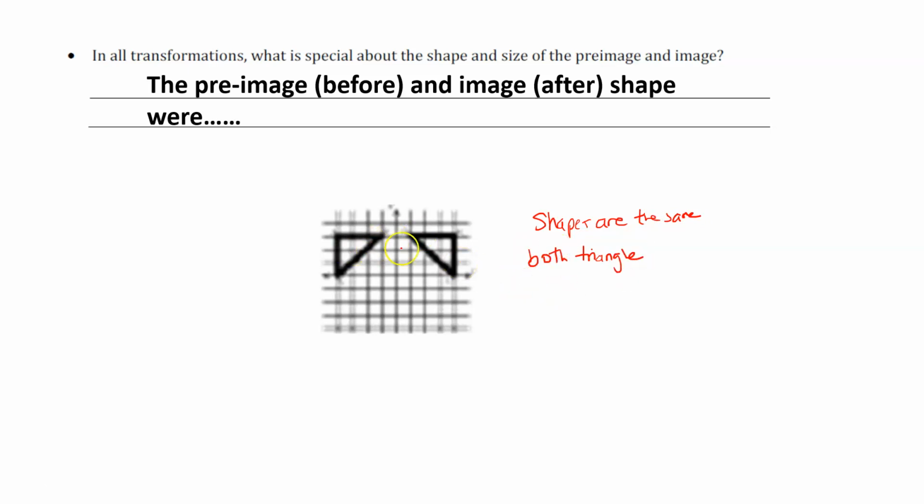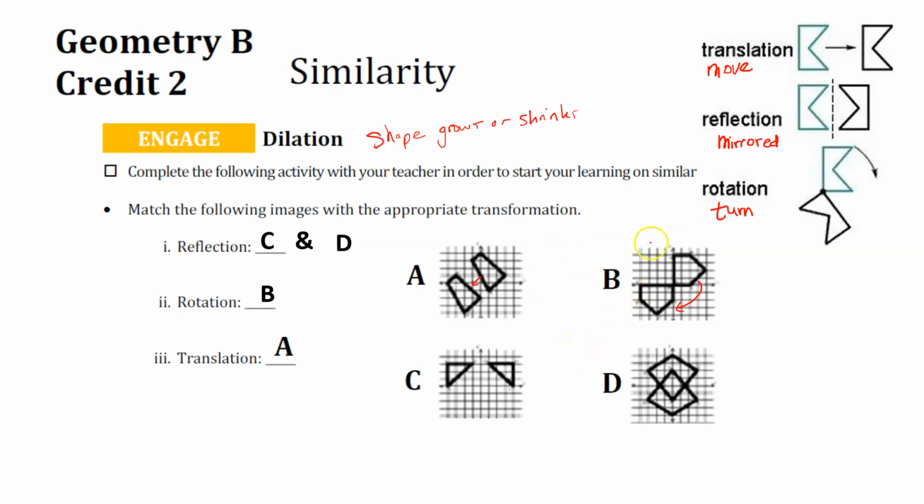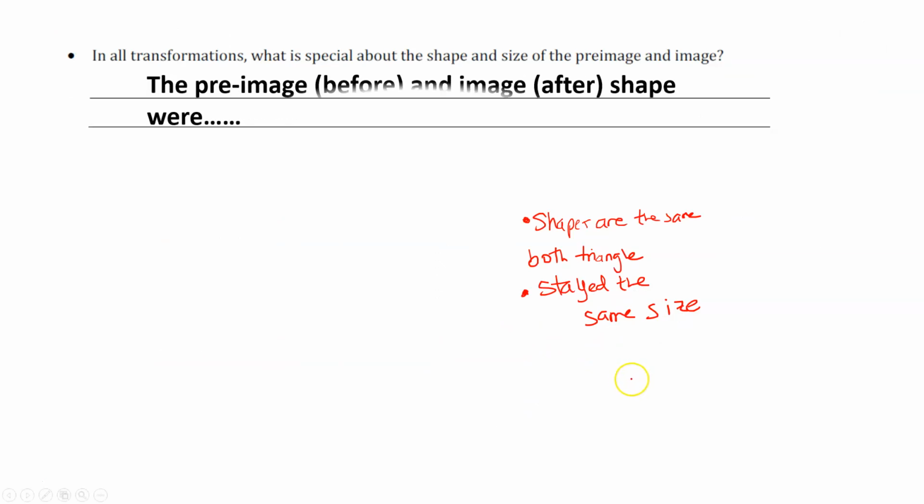And it didn't change in size, so it stayed the same size. You can write whatever you notice, but here are just two things that I noticed about each one of these transformations. Like I said, whatever you noticed, go ahead and write that down. Pause here and write it in, and unpause.